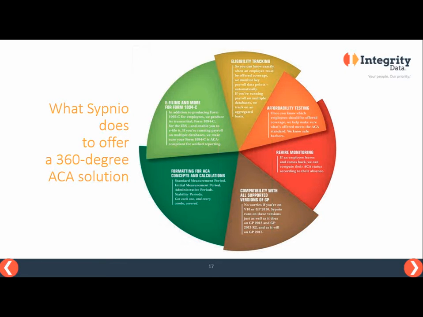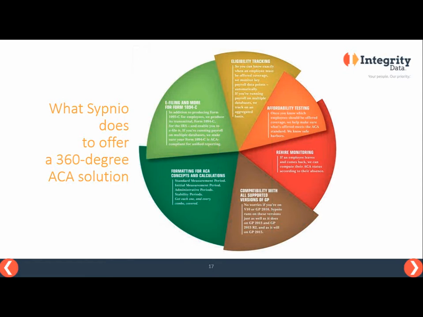The ACA requires you to consolidate all entities when you're reporting. So if you have common ownership and you have 4 companies, one of them must be what they call the authoritative applicable large employer, and they will submit totals for all the other entities. So that's a real departure from the W-2, which allowed you to basically be autonomous.